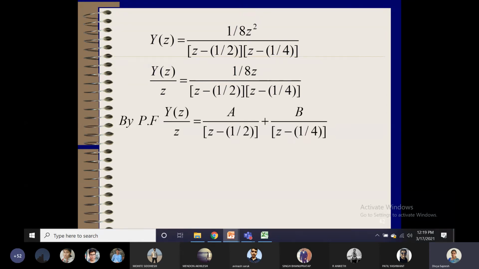So again, you can do the partial fraction of this. Okay, one thing is missing. Any mistake in the equation? While you applied the partial fraction, any mistake?